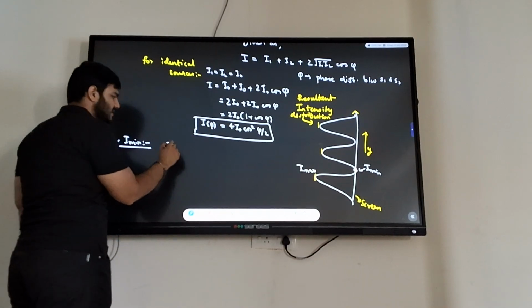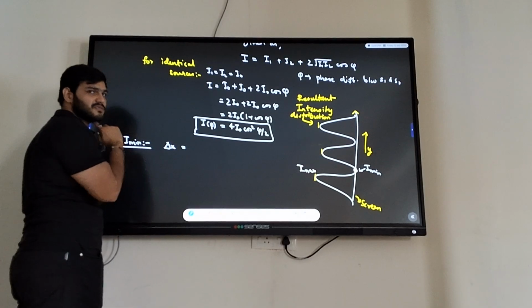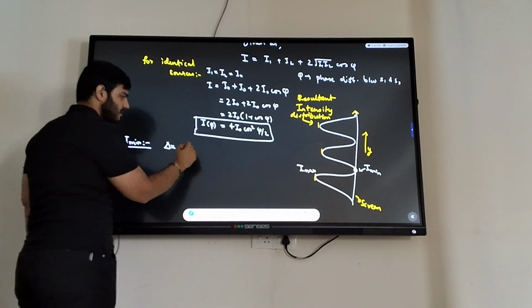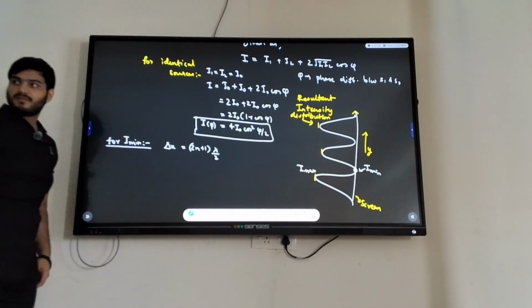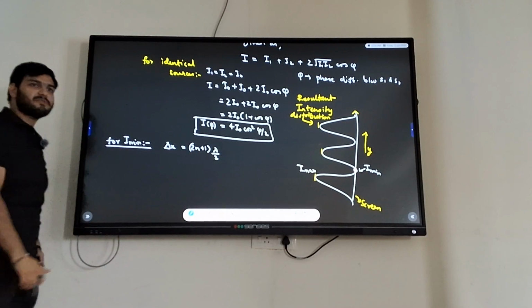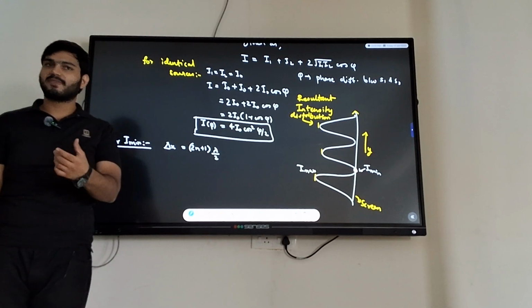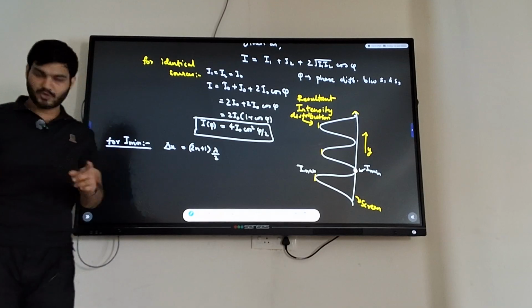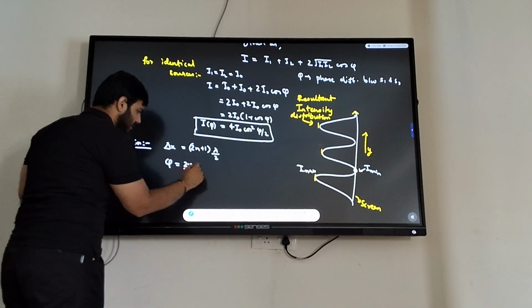Do you remember? Delta x corresponds to what for destructive interference? We just wrote it. 2n plus 1 lambda by 2. Then what will be phi in terms of delta x? What is phi in terms of delta x? 2 pi by lambda delta x.